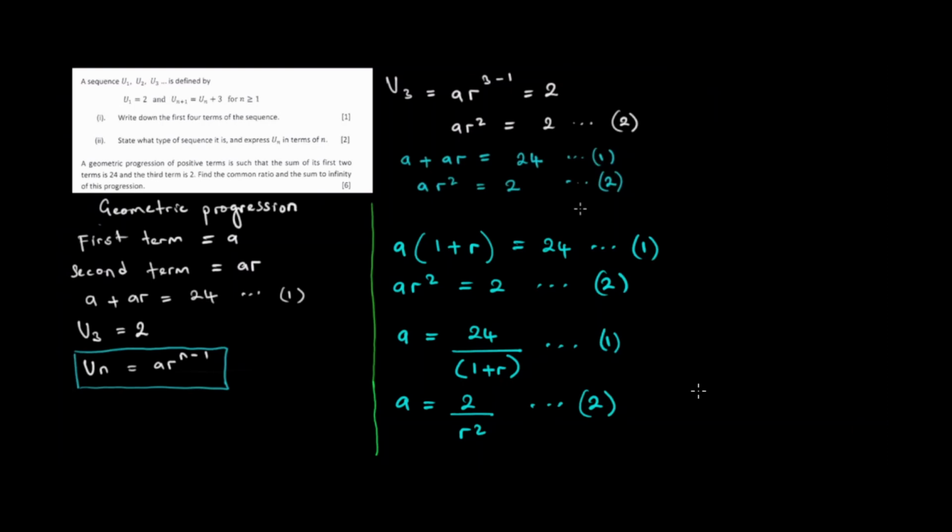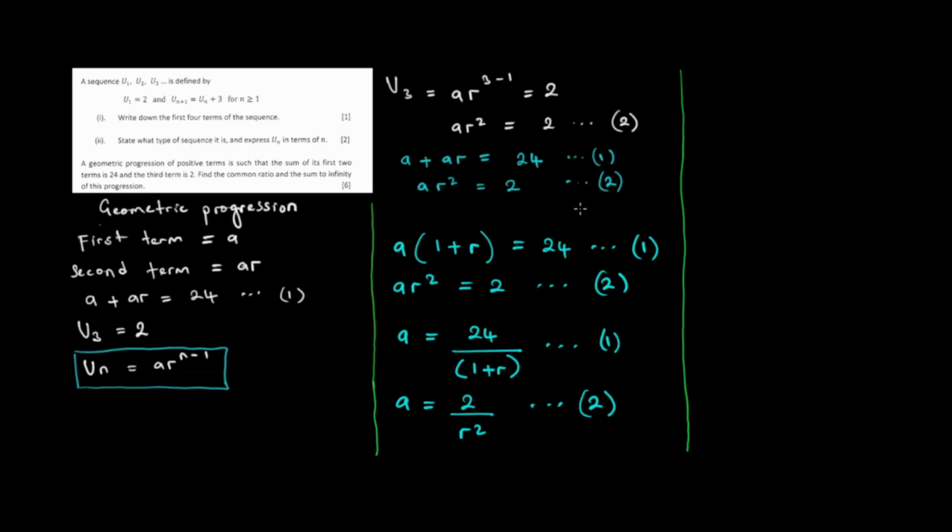Now this law of logic inozi transitivity inoti, if a is equal to b and a is also equal to c, that means b is equal to c. In layman terms, kana a are equal to 24 over 1 plus r, a cannot the same a are equal to 2 over r squared, that simply means 24 over 1 plus r is equal to 2 over r squared.